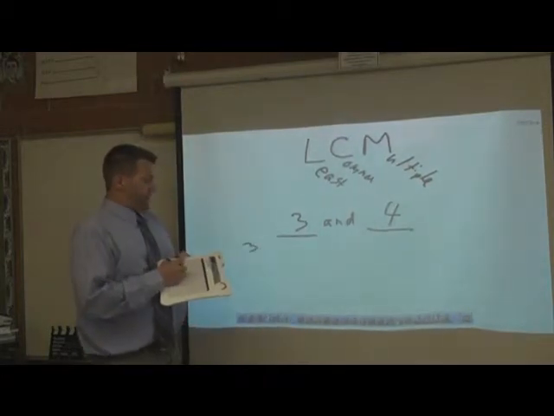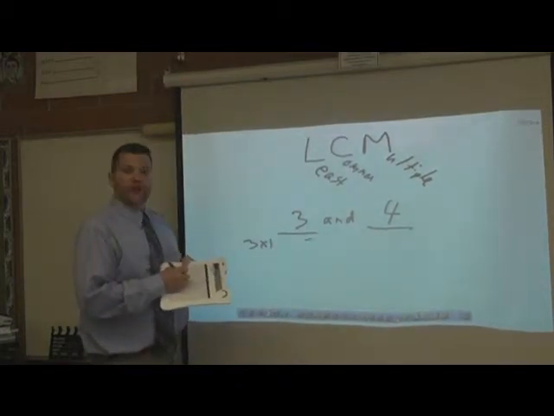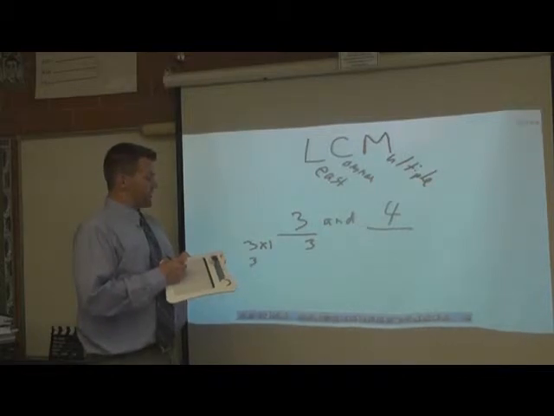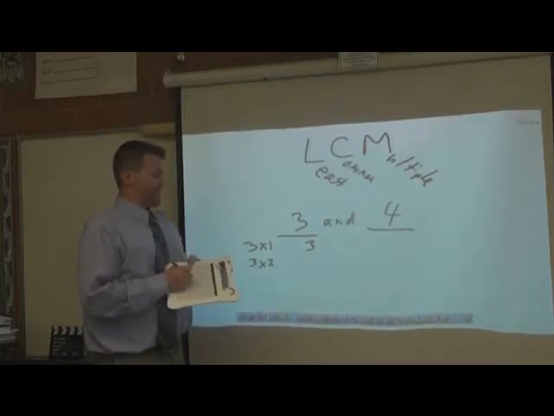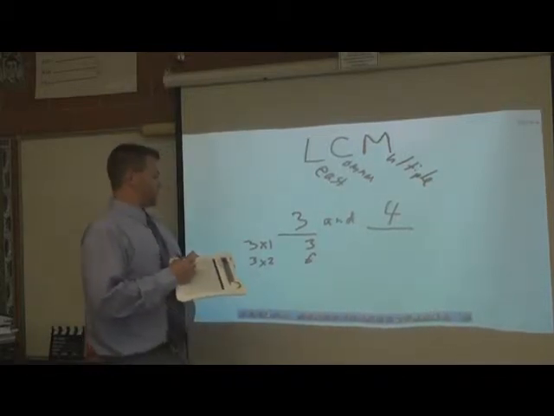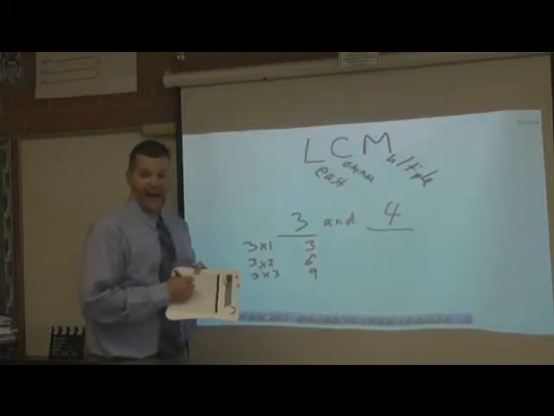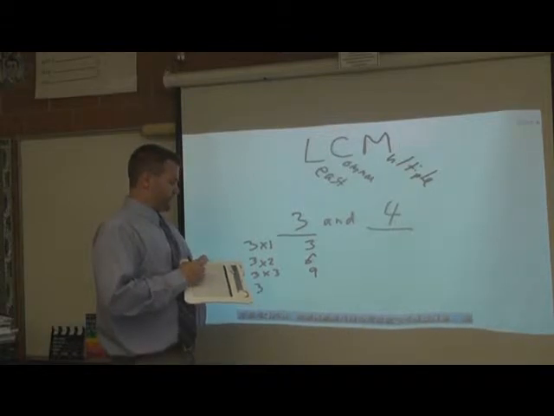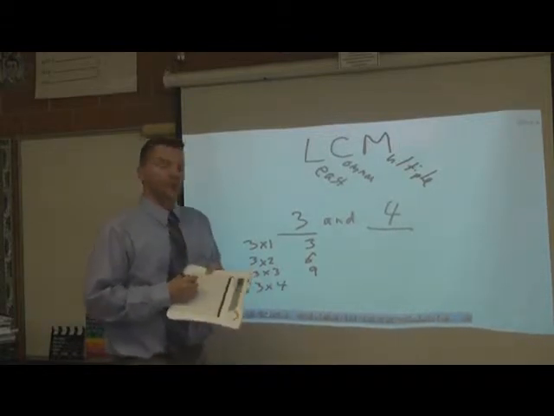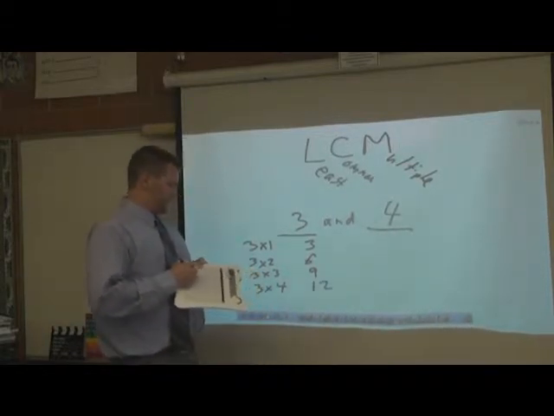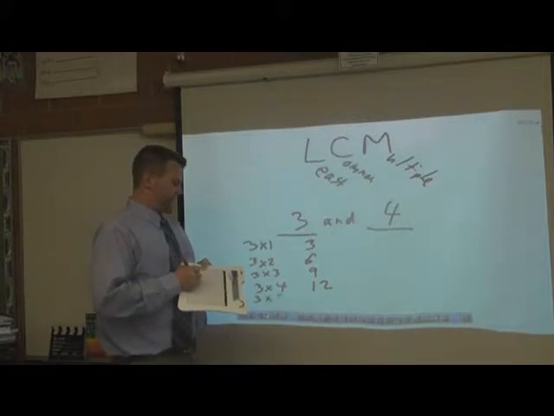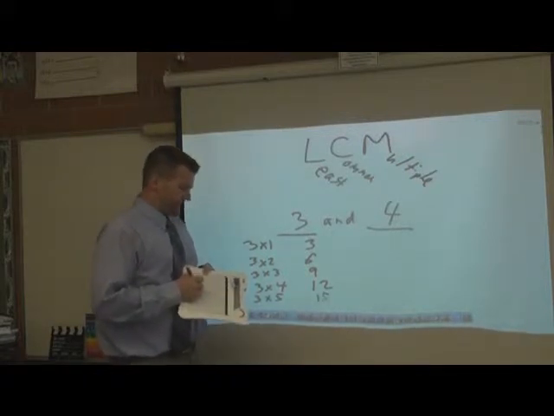We first start by saying 3 times 1 is 3. 3 times 2 is 6. 3 times 3 is 9. 3 times 4 is 12. 3 times 5 is 15.